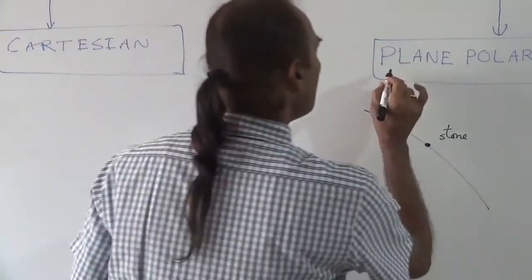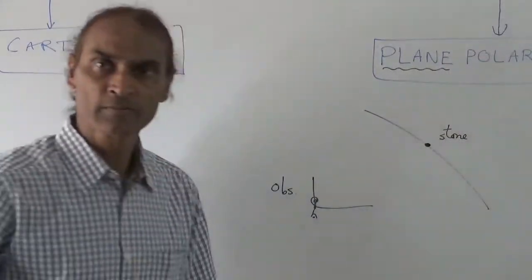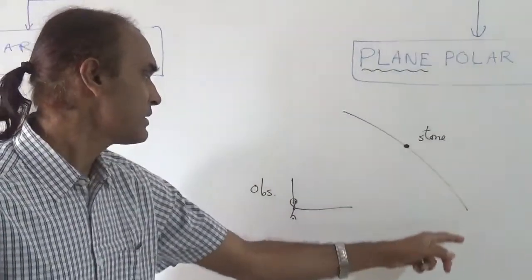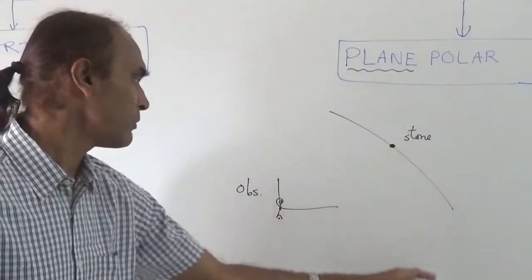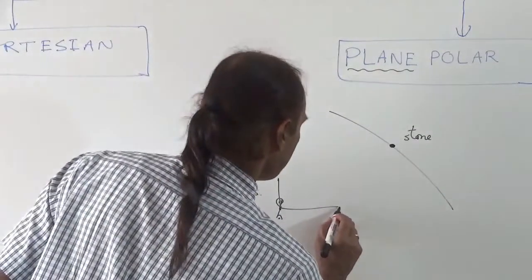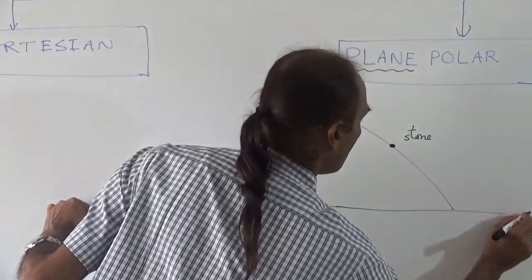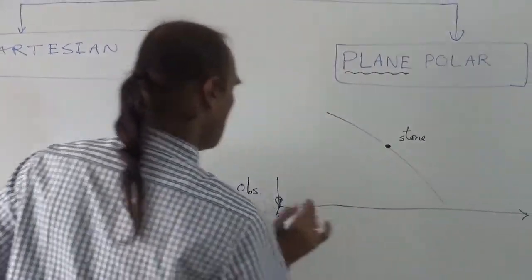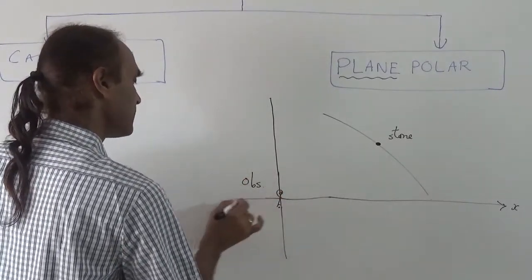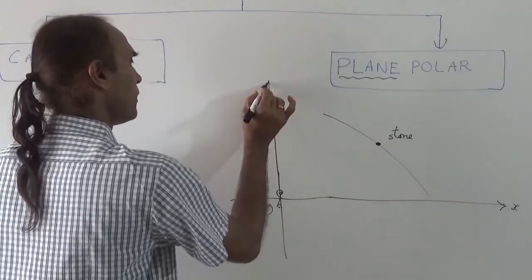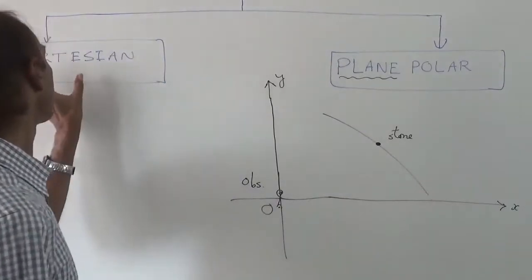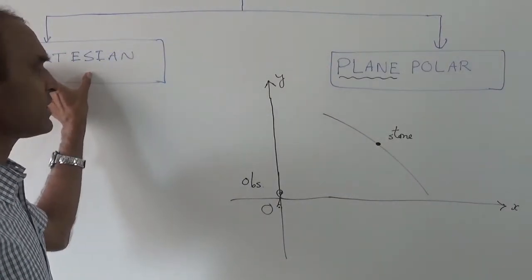When I write plane polar, the word plane is very important. The motion of the stone is in the vertical plane, the plane of the whiteboard. So we need only two axes: one is the x-axis, the other is the y-axis.